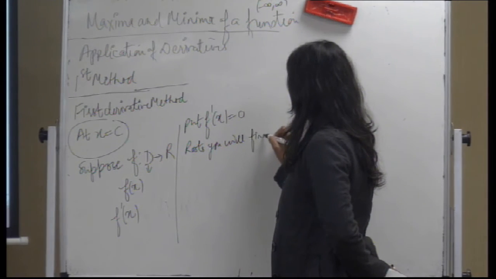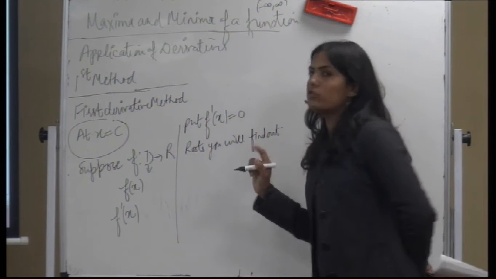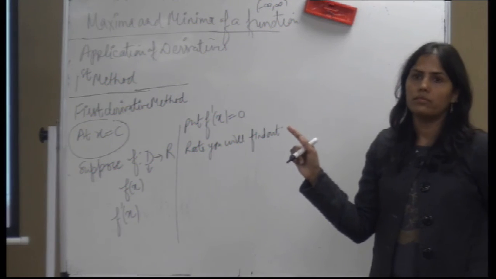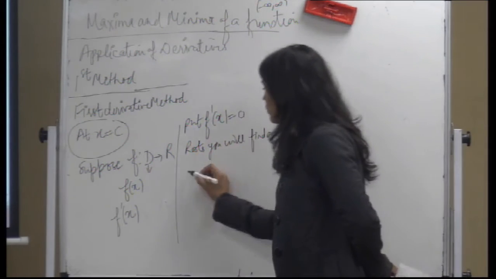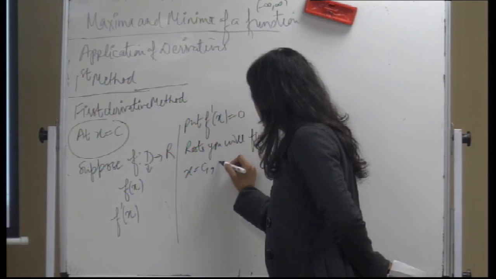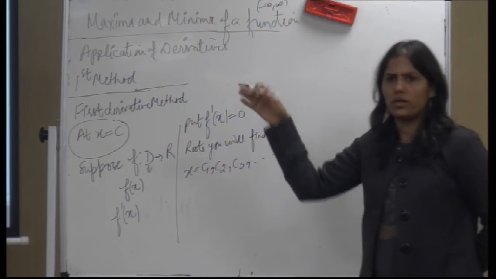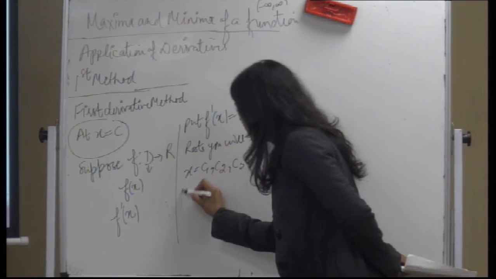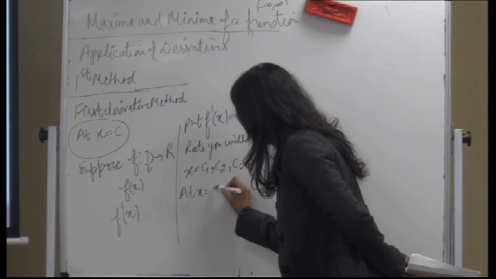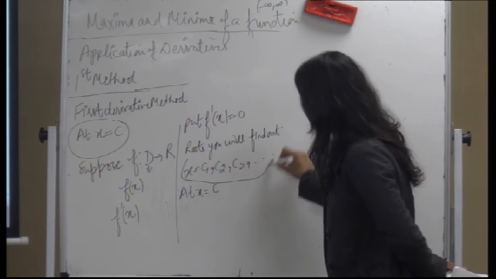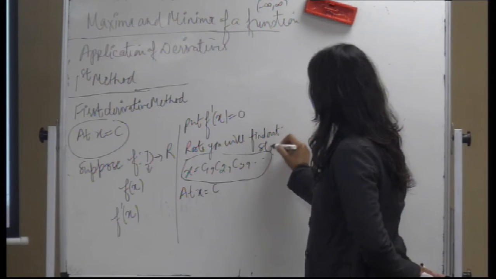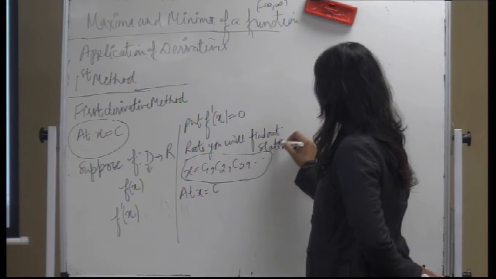And you all know how many roots an equation can have. Suppose these are the roots of this function, c1, c2 and so on. These points we call stationary or critical points.